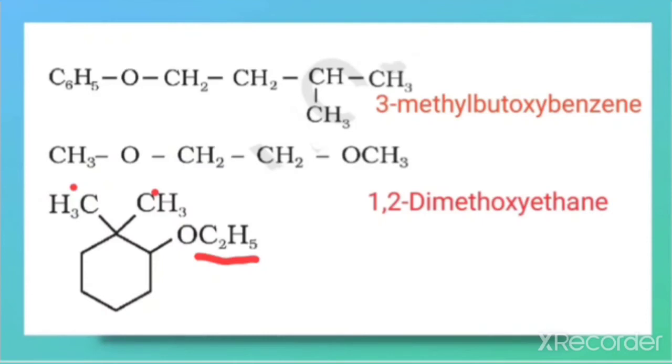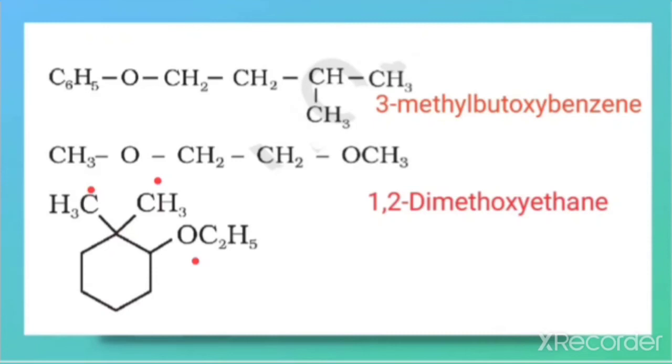So how do we number? First of all, a cyclic structure we have to number. Because on this carbon 2 alkyl groups are there, this can be numbered as 1. This one will be the second carbon. Then this is 3, 4, 5, 6. So on the first carbon there are 2 methyl groups, and on the second carbon there is 1 ethoxy group.